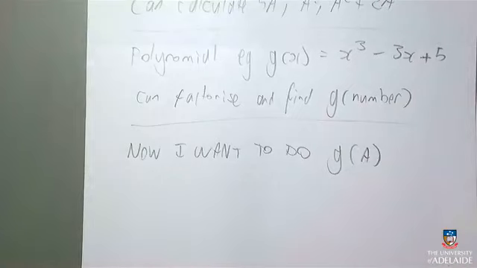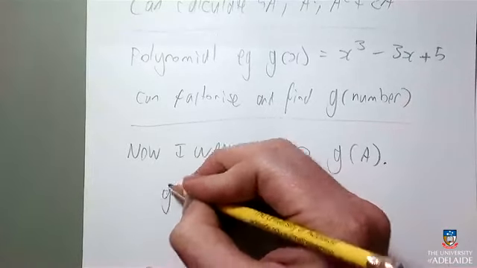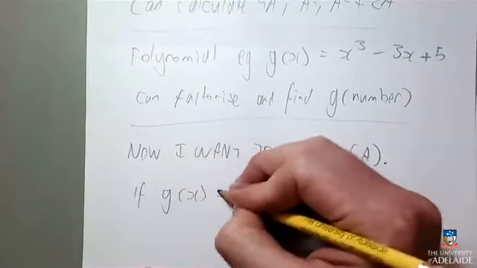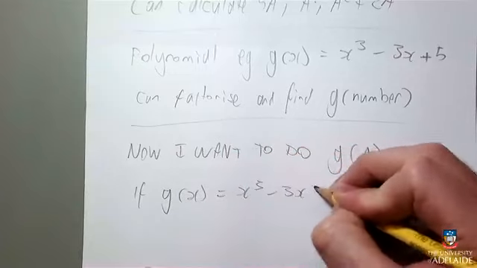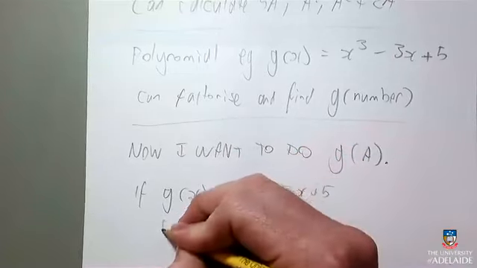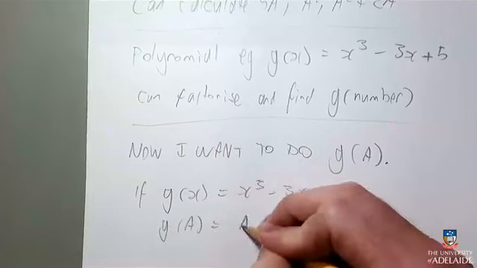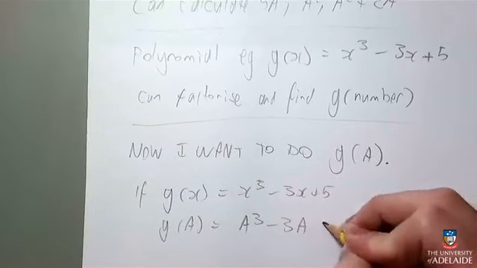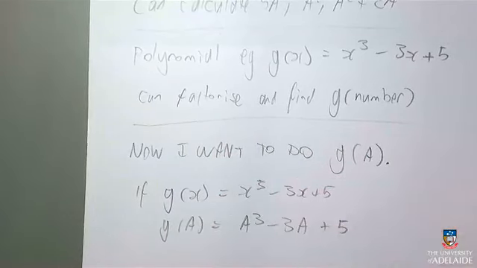And that's fine because I can just make sure I'm very careful about what I mean by that. So if g of x was like x cubed minus 3x plus 5, I could totally calculate g of A, and that'd be A cubed minus 3A plus... I can't just go adding 5 to a matrix because my matrix might be 3 by 3 and have 9 different numbers in it, and you can't just add plain numbers to matrices.